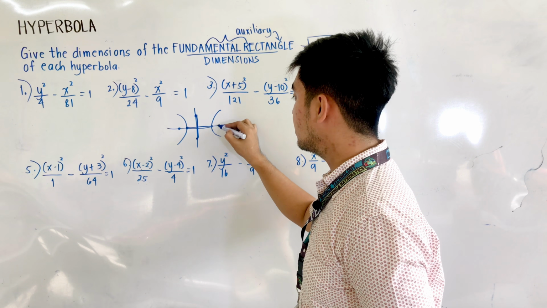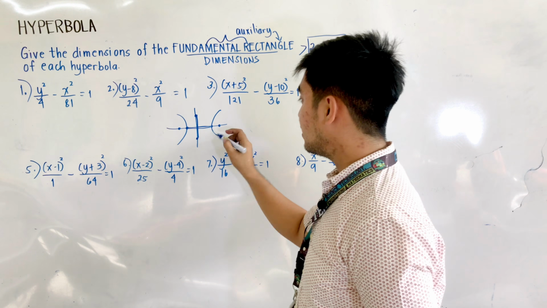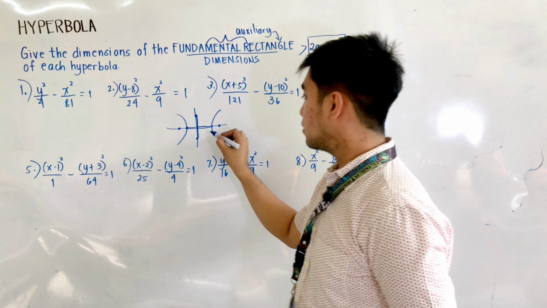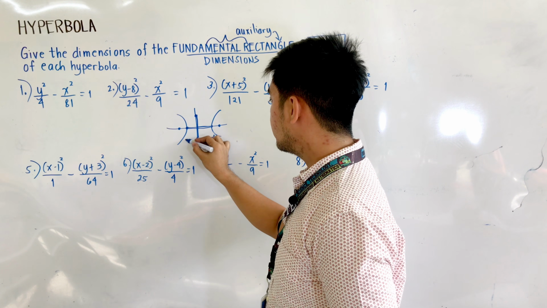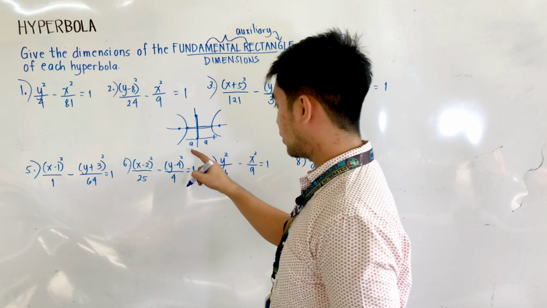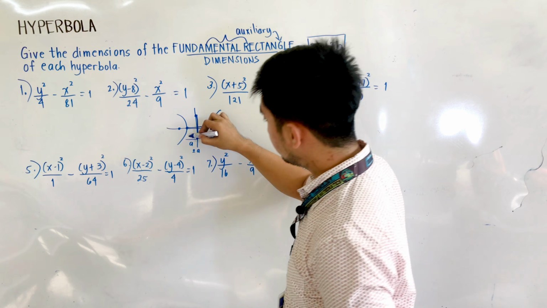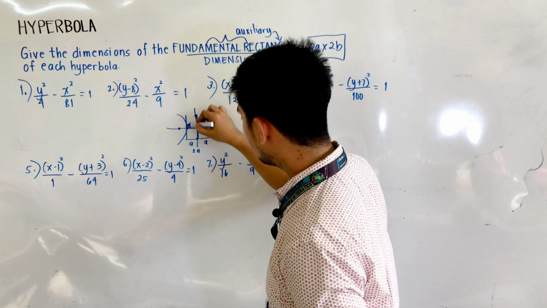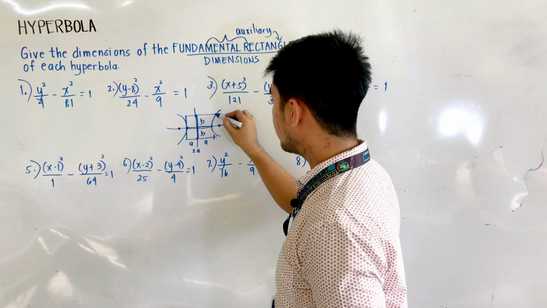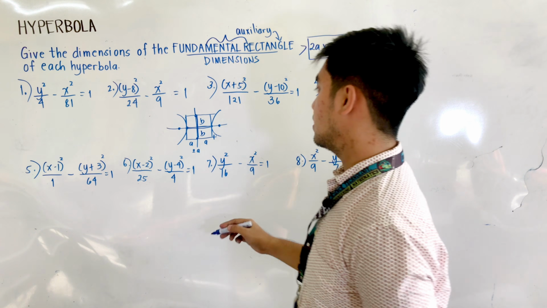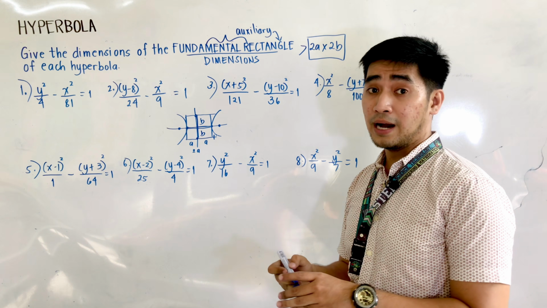We do not need the value of the foci or the c. The value from the center going to the vertex is a, and this is also a, therefore a plus a is 2a. This side is equal to 2a. The vertical side, this is b, therefore the vertical side would be 2b. And the dimensions of the rectangle would be 2a by 2b.